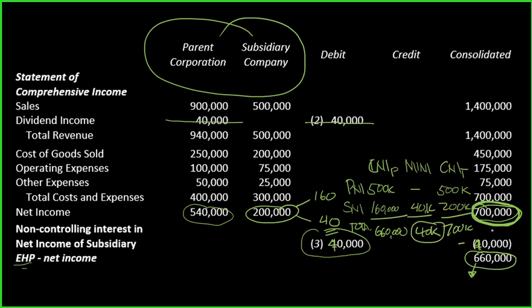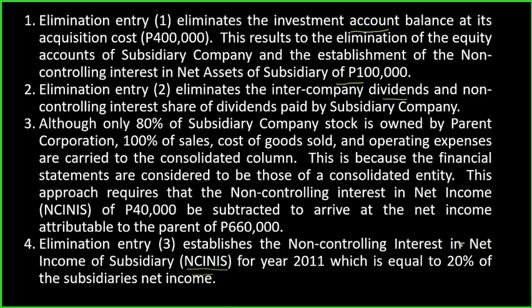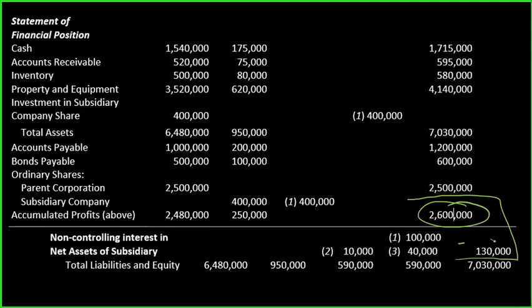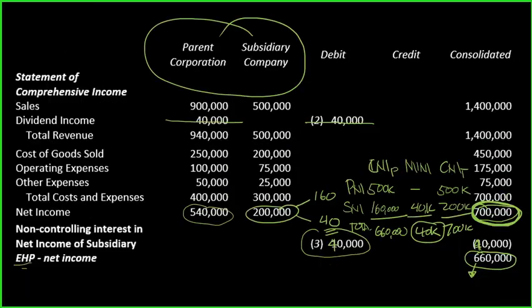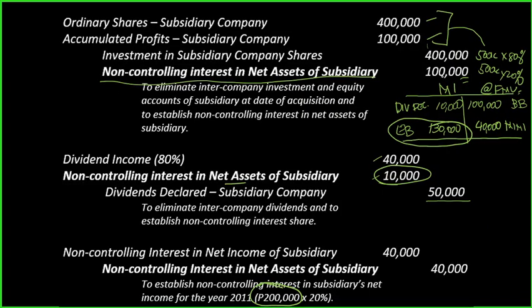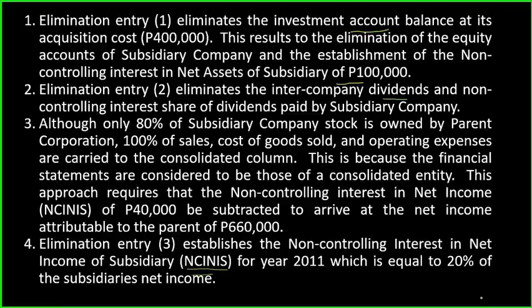So this one will be deducted from 700. But the minority interest, your NCNAS, should be added. Ayan, which is 130. Previously computed like this. If you remember, 100 plus 40 minus 10 equals 130. Okay, forward ko ulit.